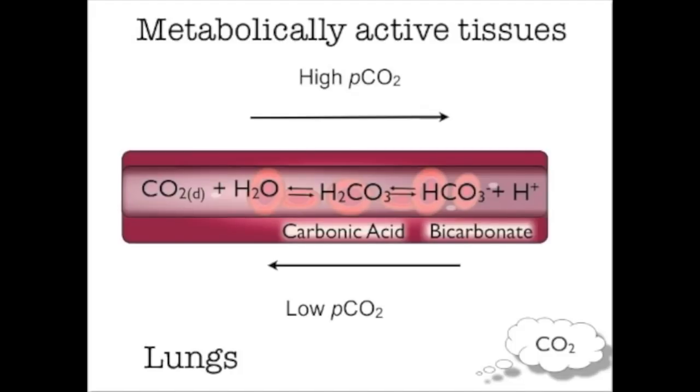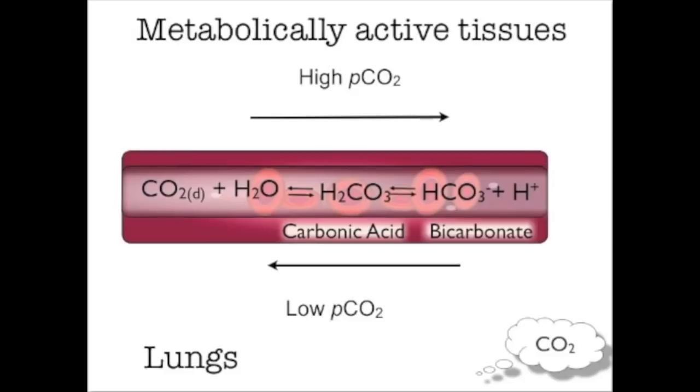The bicarbonate then leaves the red blood cells, but it still stays in the bloodstream, and it travels to the lungs. And when it's in the lungs, it becomes protonated to carbonic acid, and then carbonic acid is broken down to release carbon dioxide and water, and these products are released as carbon dioxide gas and water vapor as we breathe. So by increasing and decreasing products and reactants, we can skew reactions to the left or to the right based on Le Chatelier's principle.